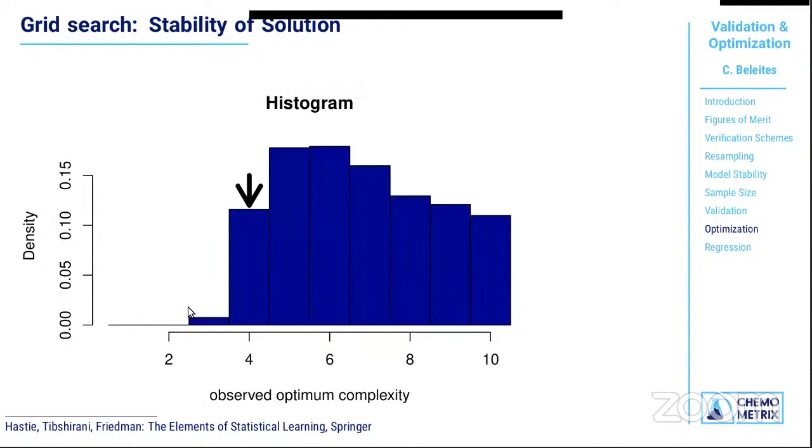This is a histogram for that kind of situation. What the strategy of picking the best would have yielded. 4 is actually, in this case, the optimal complexity, which I know because I set up the simulation. There are very few models that are under complex, and a whole lot of models, actually the majority, that are too complex.